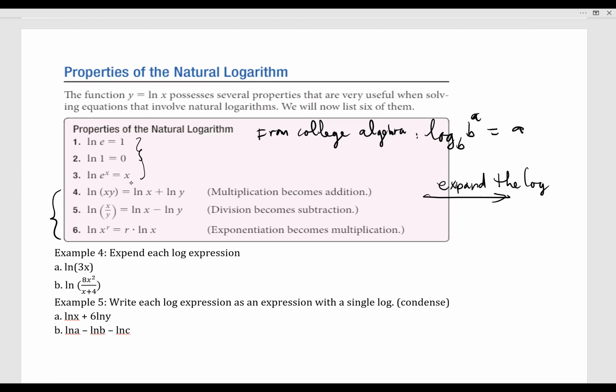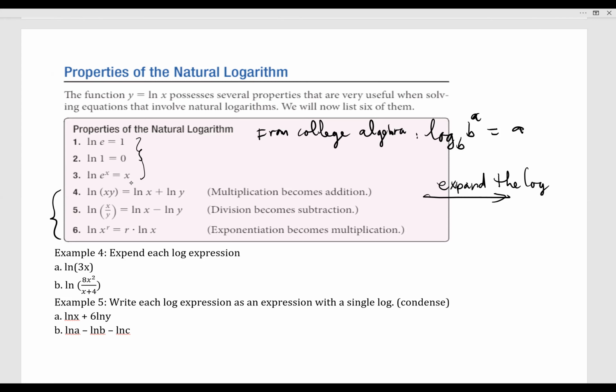Similarly for 5 and 6 here, 5 changes division to subtraction, and exponentiation becomes multiplication.